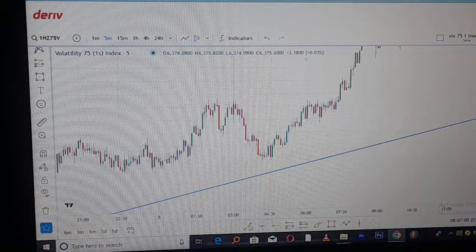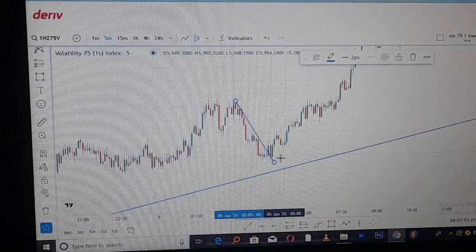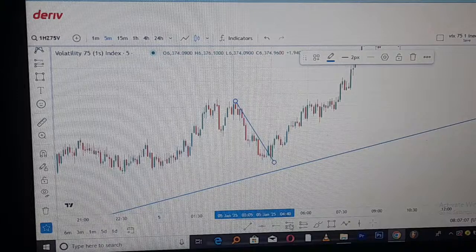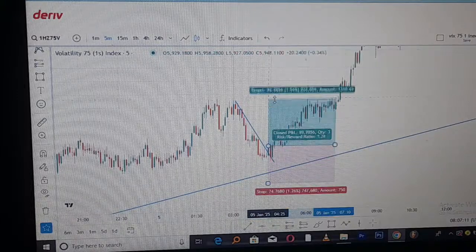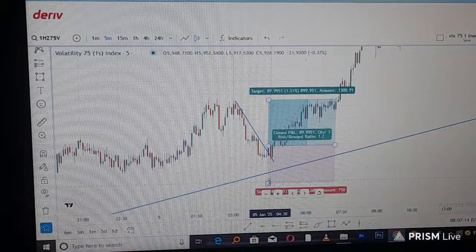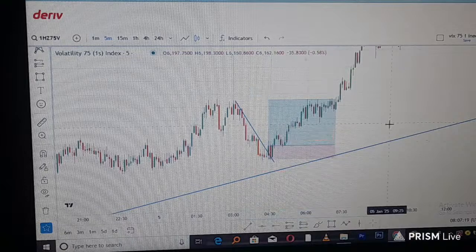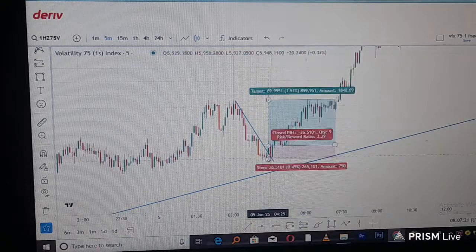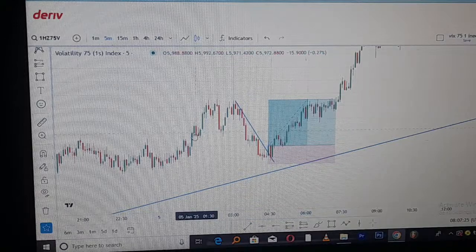You can see here we have this pullback at around that area. After the market breaks above, we execute exactly there, and then we take profit at around this area. You see the stop loss, it is supposed to be below this area here. That is 1 to 2. You done. You wait for another pullback.